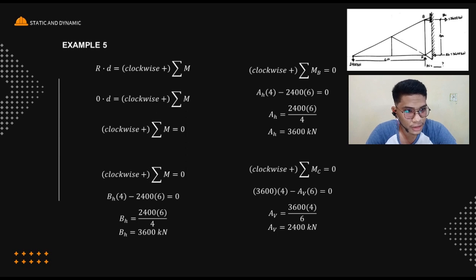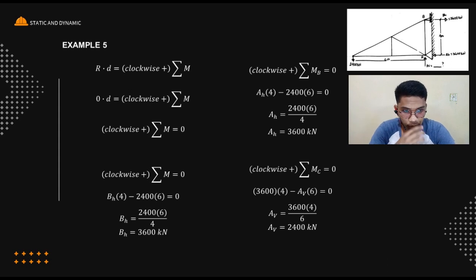So, AH, which is moving clockwise, so positive po, multiplied by the moment arm 4 minus 2,400, kasi po minus dahil pa-counterclockwise po papunta sa B, and multiplied by 6 kasi 6 po ang kanyang moment arm, is equals to 0.